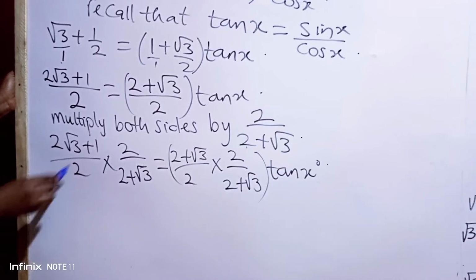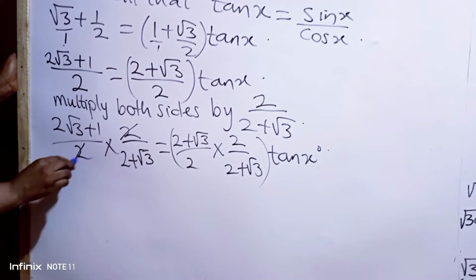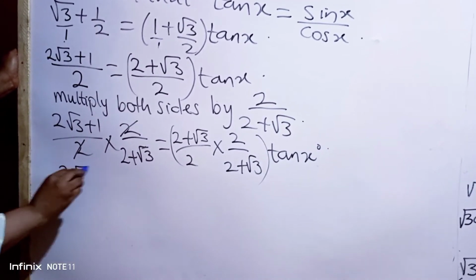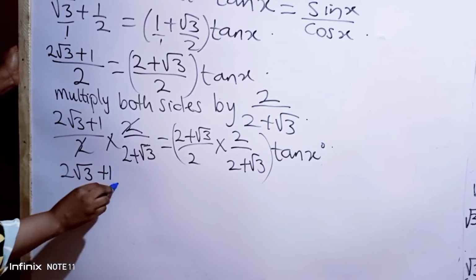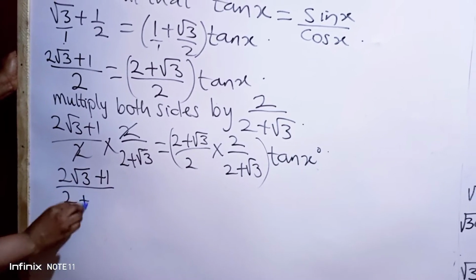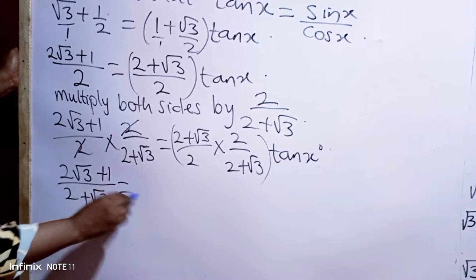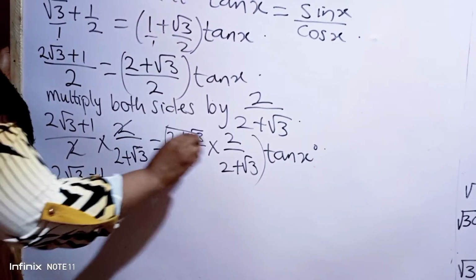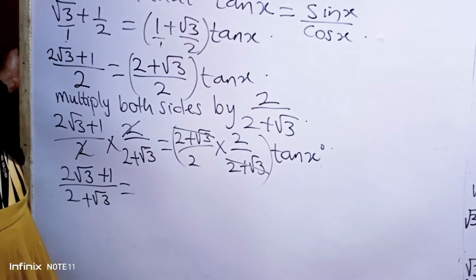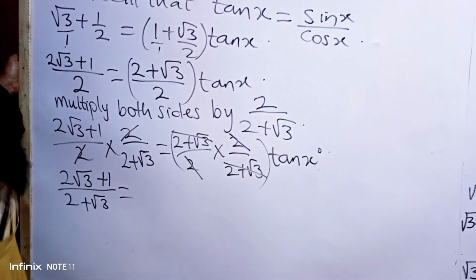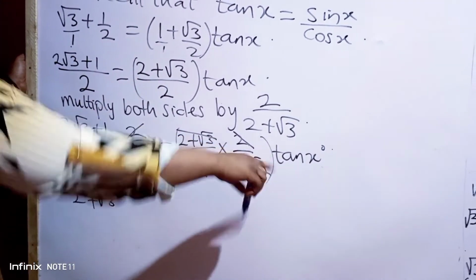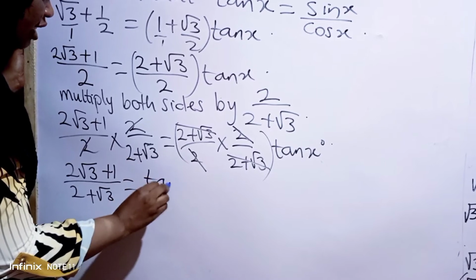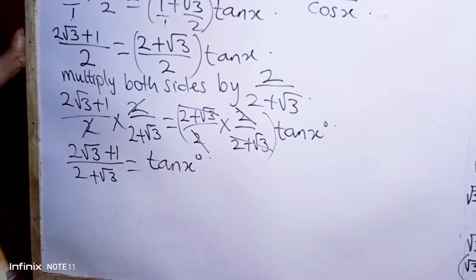So here, these 2 can cancel 2. So I have (2√3 + 1)/(2 + √3) is equal to, we come here, 2 plus √3, we cancel 2 plus √3. Then 2, we cancel 2. So I have 1. 1 multiplied by tan x will give me tan x degrees.